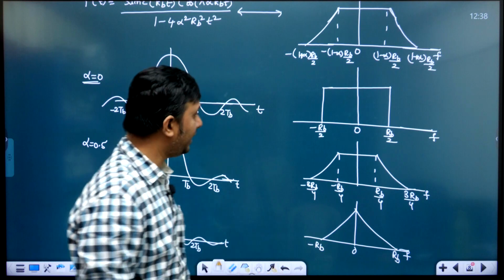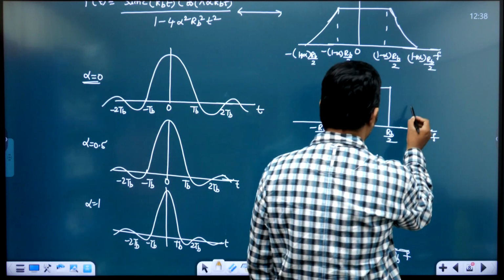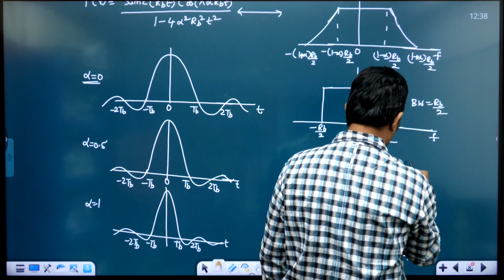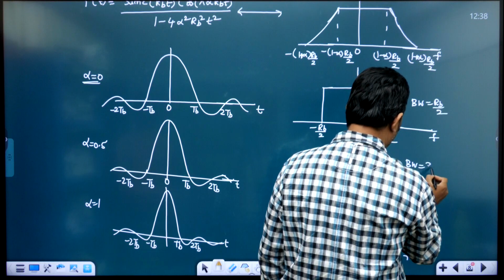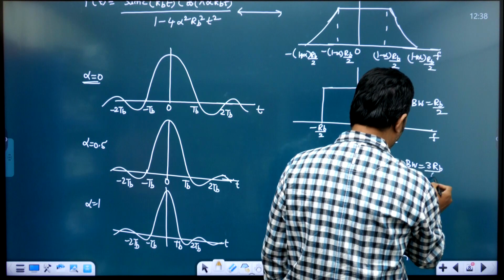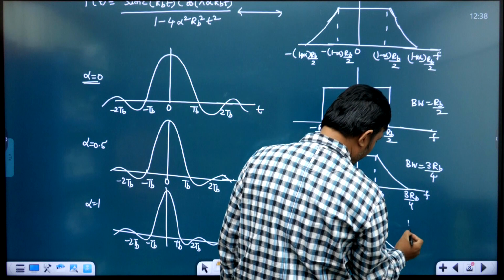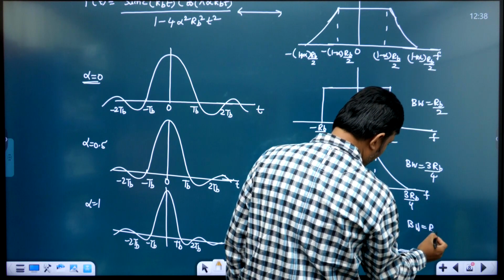The interesting point is what the bandwidth is here: for the sinc it is RB by 2, here it is 3 RB by 4. So the bandwidth is increasing, as you can observe, and for alpha equal to 1 the bandwidth is equal to RB.